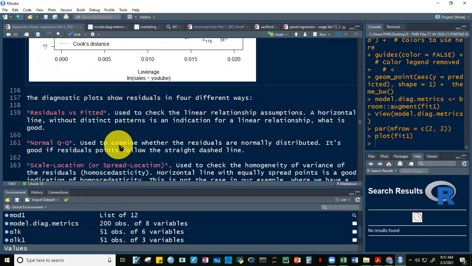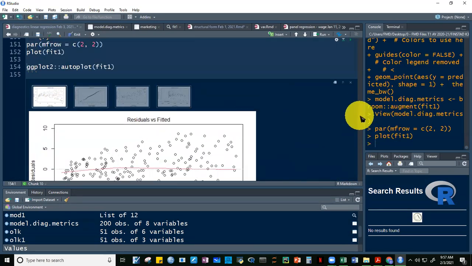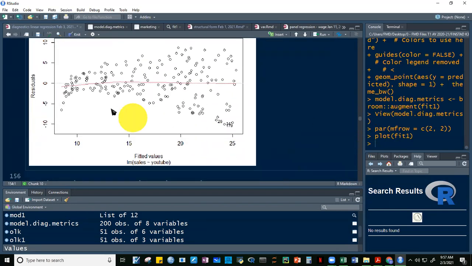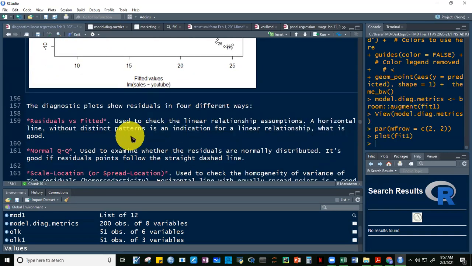Naka-explain dito guys na yung una, si residuals versus fitted, para saan yan? It's used to check linear relationship assumptions. Maganda siya guys kung straight line lang siya. Dapat walang patterns, walang trend, hindi umaakyat, hindi nagfa-fan out.